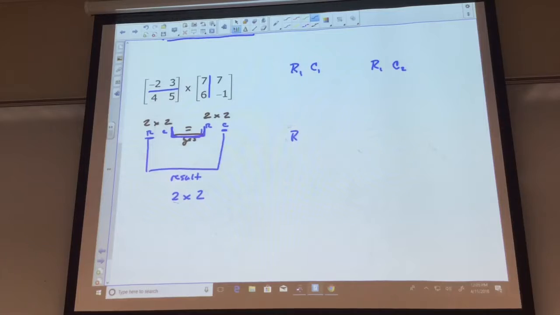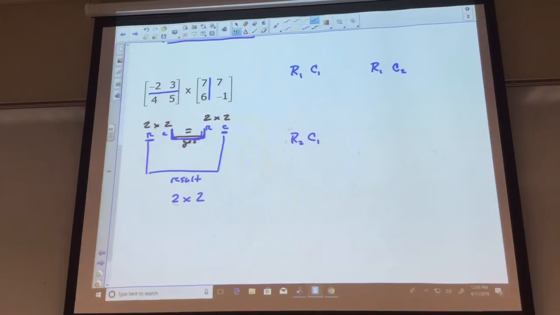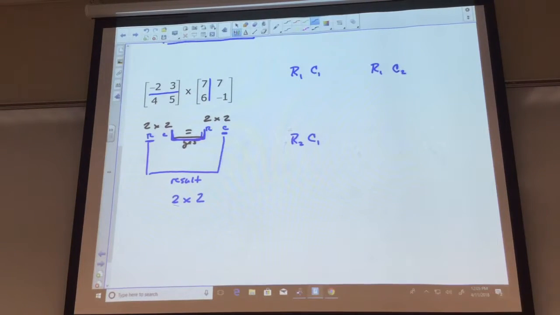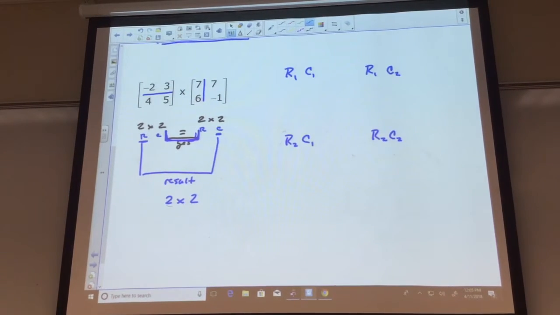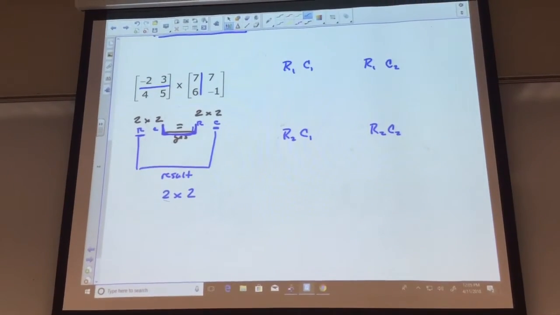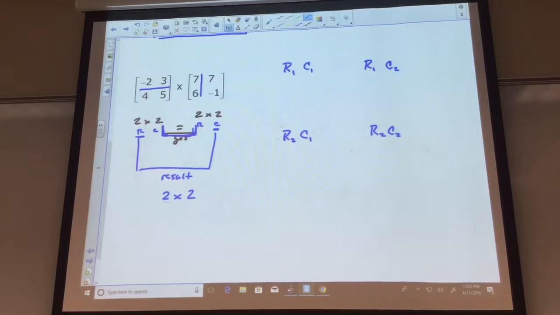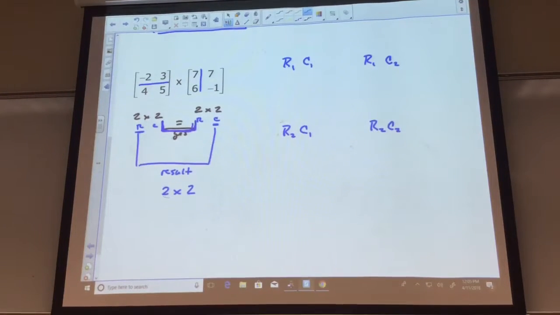Row 2 has to be multiplied by column 1. And then row 2 has to be multiplied by column 2. Every row is multiplied by every column. 2 rows, 2 columns, 4 distinct different multiplication steps. Bigger matrix, more steps. Now it's a matter of executing.